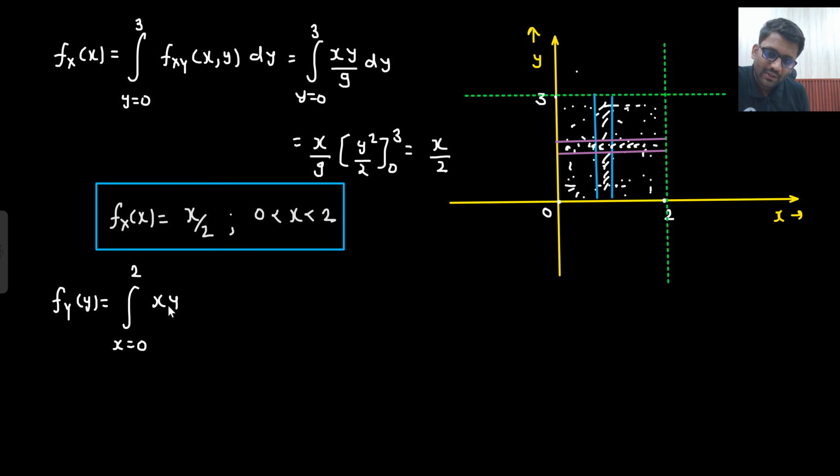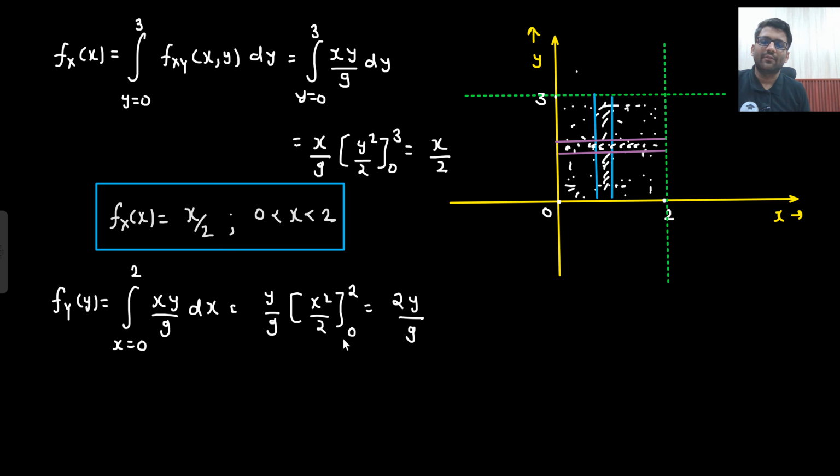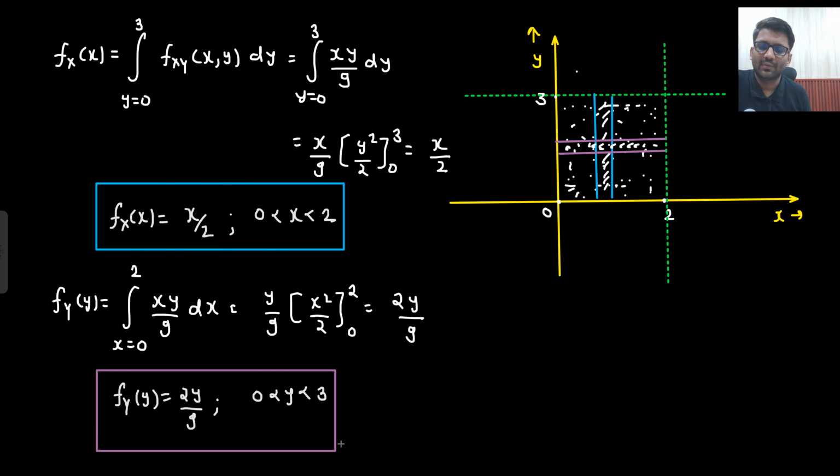Here also the same thing, xy by 9 dx. So y by 9 will come outside, x square by 2 from 0 to 2, so 2y by 9. This is your fy of y. You are getting fy of y as 2y by 9 with values of y going from 0 to 3. There you go.